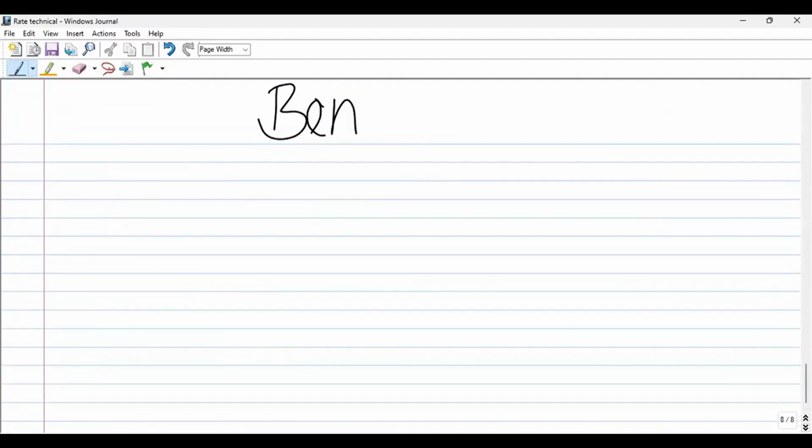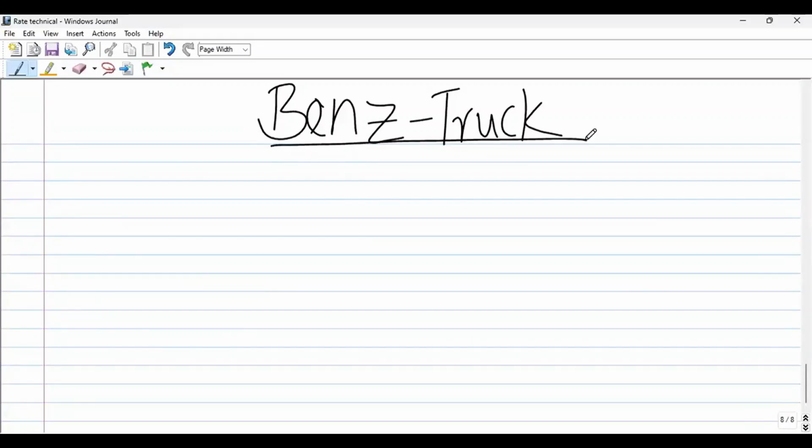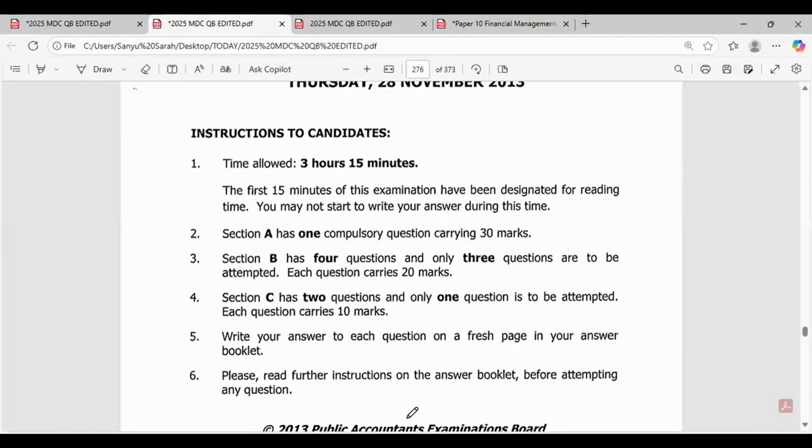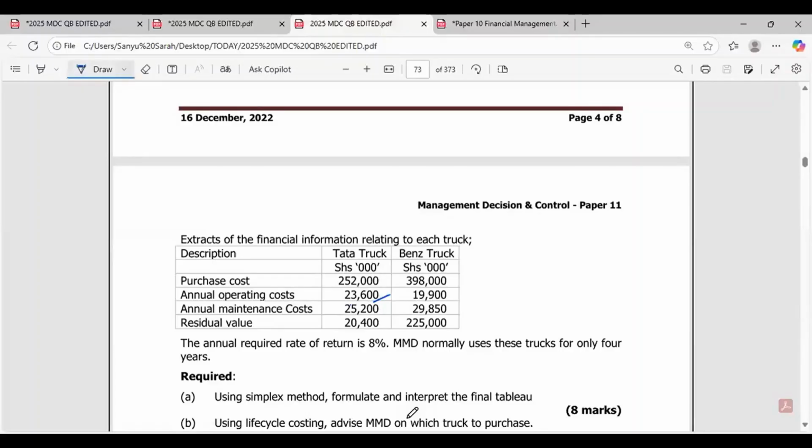Excuse me, madam. How did we get to year 1 to year 4? The cost is annual. They've told you annual operating costs, and they've told you the company normally uses these trucks for only 4 years.